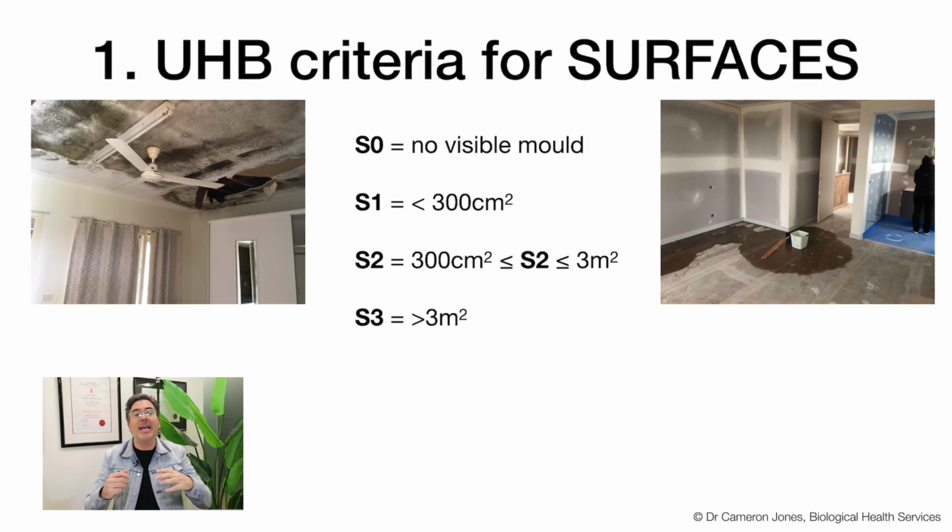And then S2 goes on to between 300 and 3 square meters, and S3 is greater than 3 square meters. And these are really good ways, and the syntax or the way you describe surface contamination into S0, 1, 2, and 3 makes it very easy to explain to other people how contaminated something actually is.